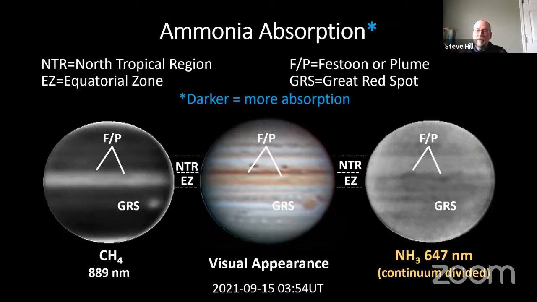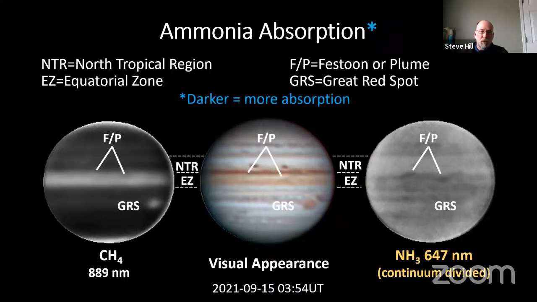The clouds are high there. Conversely, the equatorial zone shows low absorption in methane, that is, it's bright, but high absorption in ammonia. That suggests that there's enhanced ammonia abundance there. The North Tropical Zone shows just the opposite, with high methane absorption and low ammonia absorption, suggesting depleted ammonia abundance.